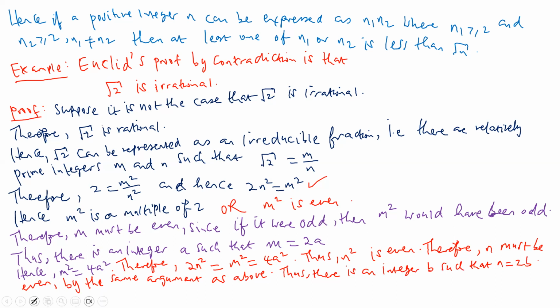Okay, so we're here. Therefore, the fraction m divided by n, which was the square root of 2, is actually twice a over twice b.